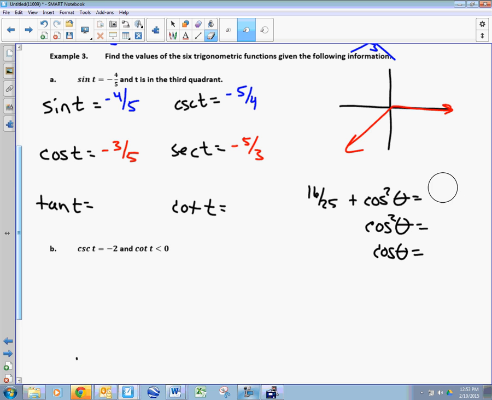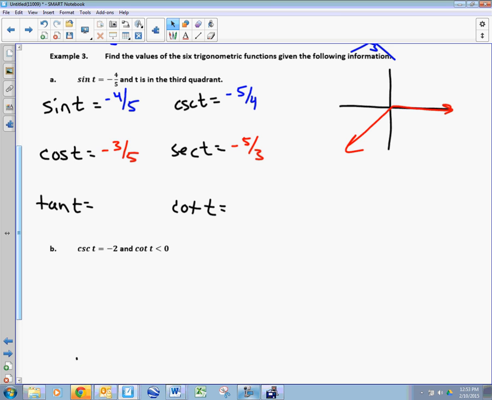Anybody know a formula I can use for tangent? Yeah, take sine divided by cosine, right? So I'm going to take negative 4/5 divided by negative 3/5. Yeah, y is sine, cosine is x, right?